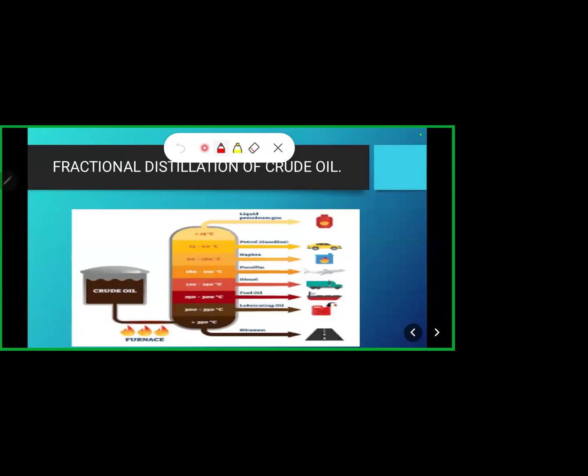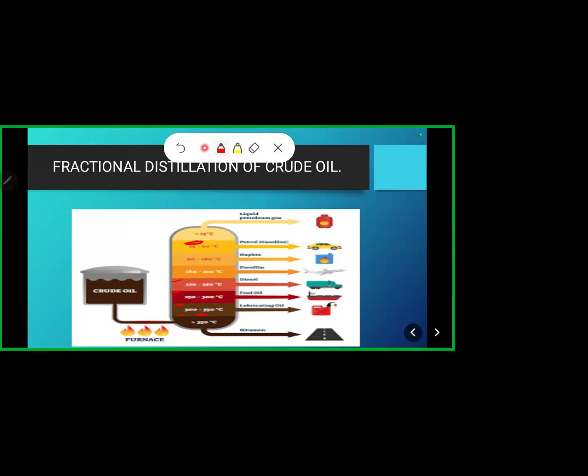So the diagram here is showing the crude oil, then the furnace. Like I've said, the trays closer to the furnace are hotter than the trays that are up. So this tray is cooler than this one here because it's far from the furnace. And that explains why those of lower boiling point are the ones that go higher, because they can easily vaporize.